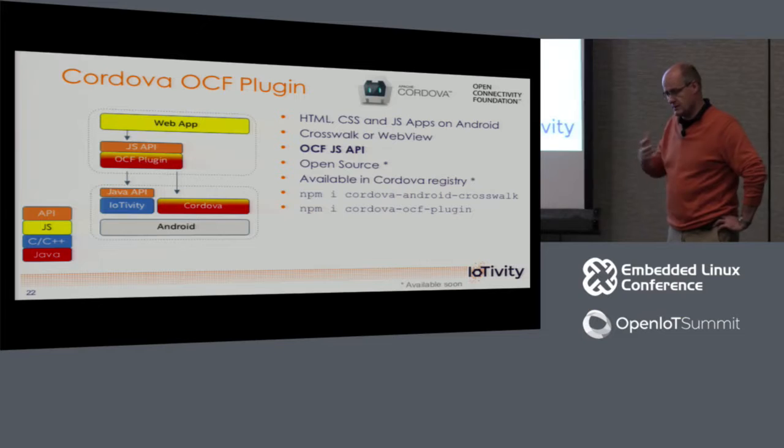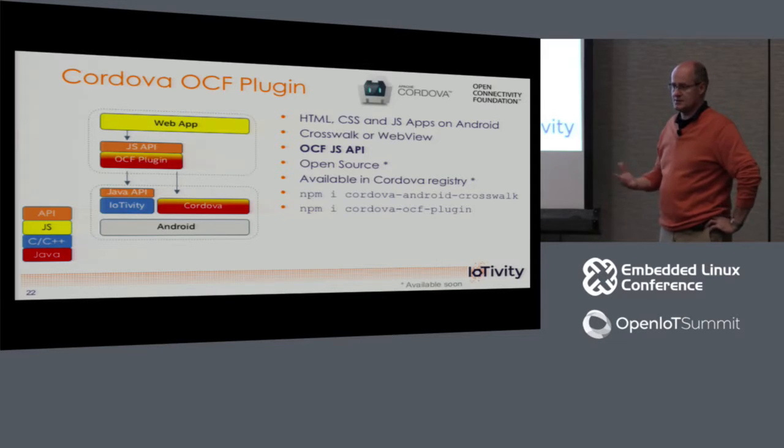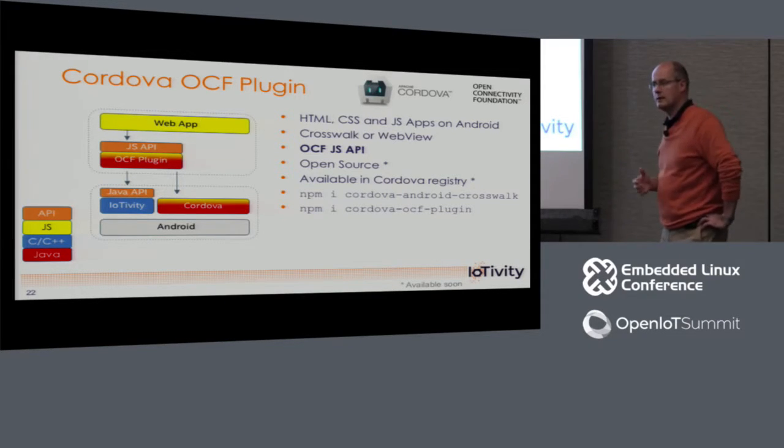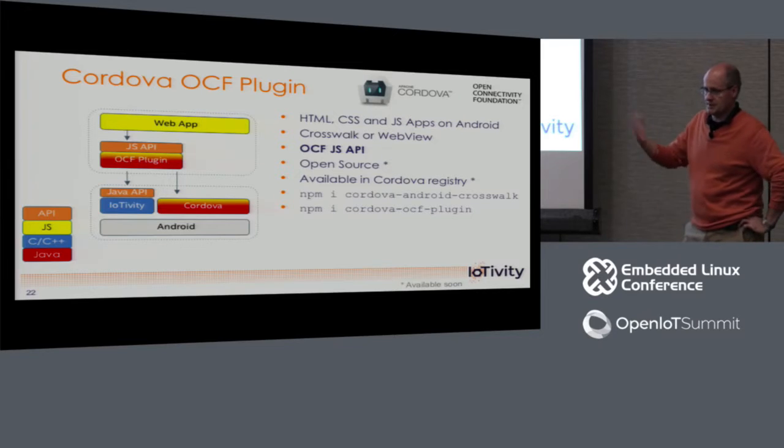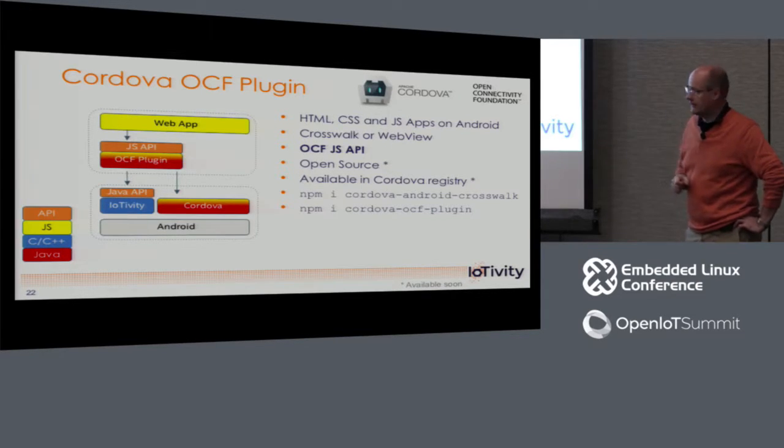You can write an HTML5 application, design your UI on the PC, put that in your web app and use the Cordova OCF plugin, and there you have another OCF application.